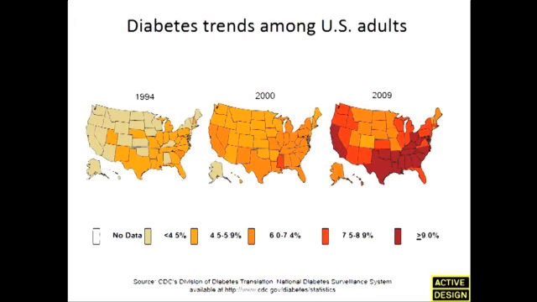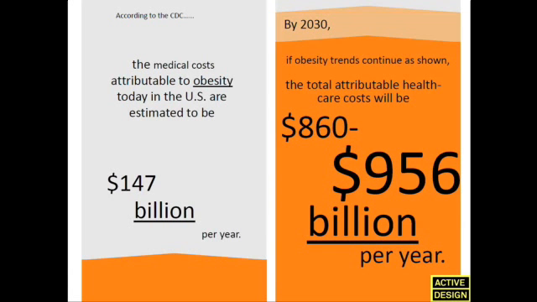Diabetes trends, type 2 diabetes, very much track these issues, and so we've seen huge increases in diabetes rates as well. And huge costs are associated with this. About $150 billion a year are spent in the U.S. on medical costs related to obesity and obesity-related conditions.